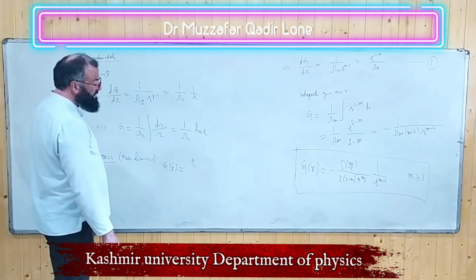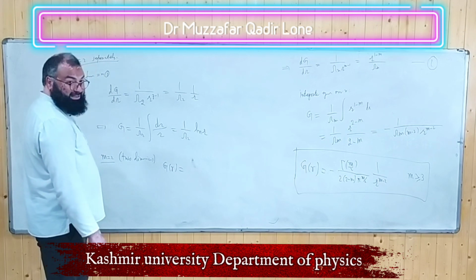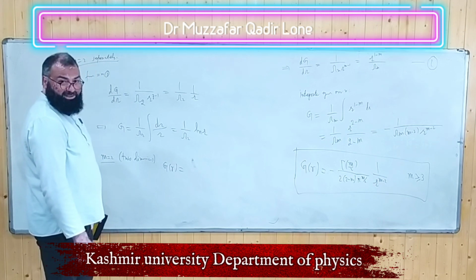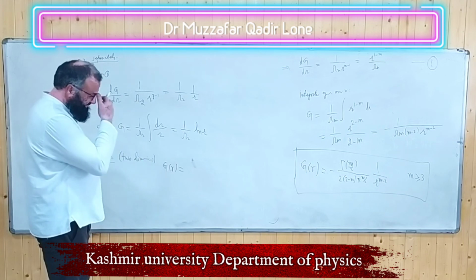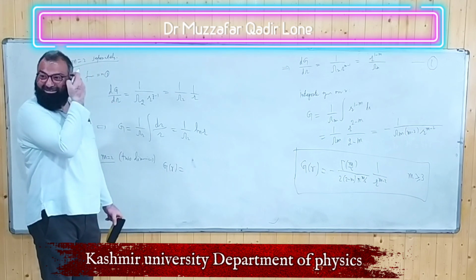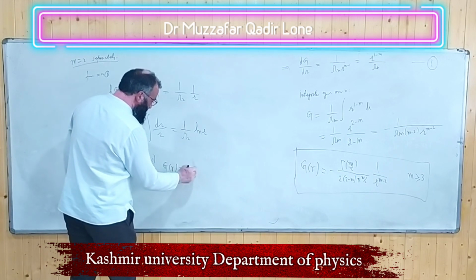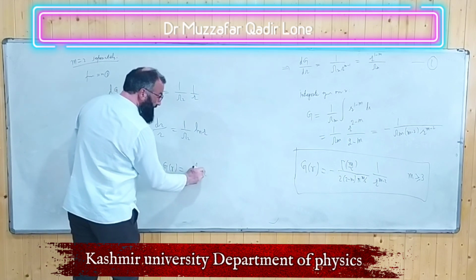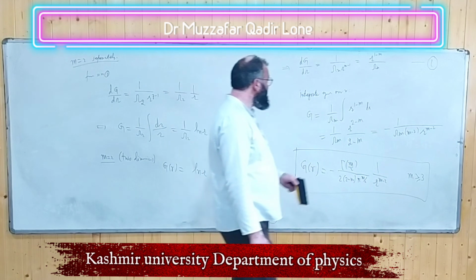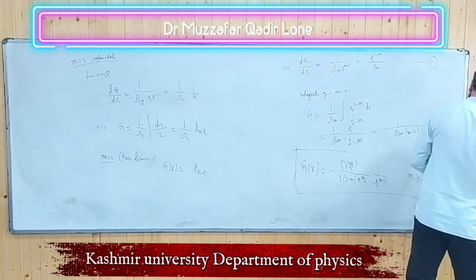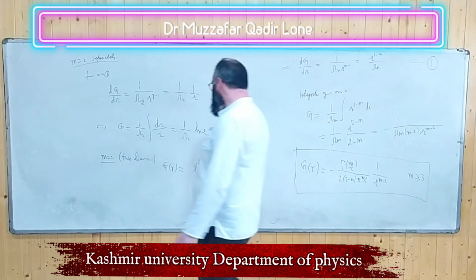Yes, what is gamma of 1 by 2? It is root pi. So just check it. It is simply equal to natural log of r. So it's 1 by 2 pi natural log of r.